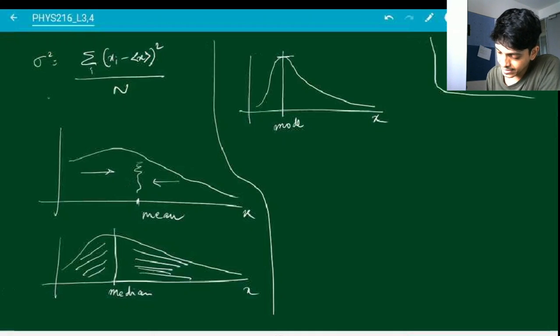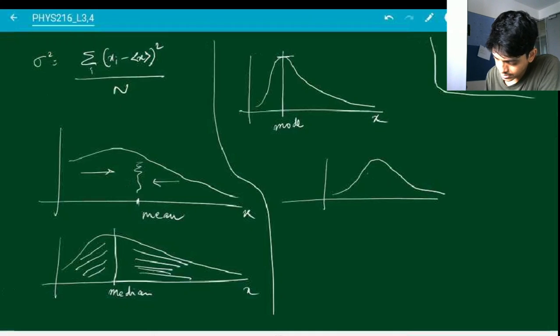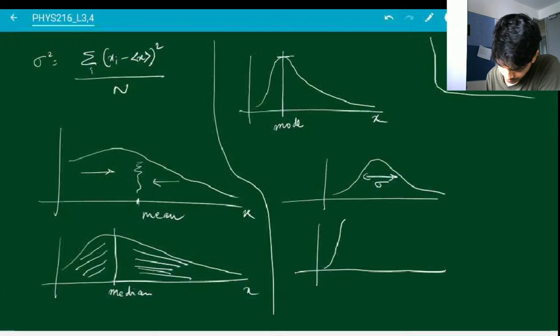On the other hand, standard deviation tells you how much is the spread of the distribution. So for example, if you have a small value of standard deviation, then it means all of your values are very closely spaced. So it might be something like this.